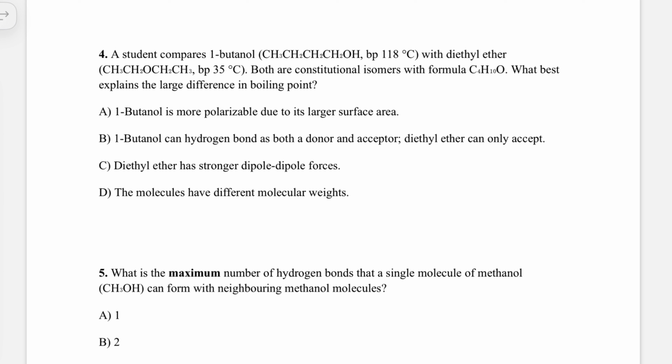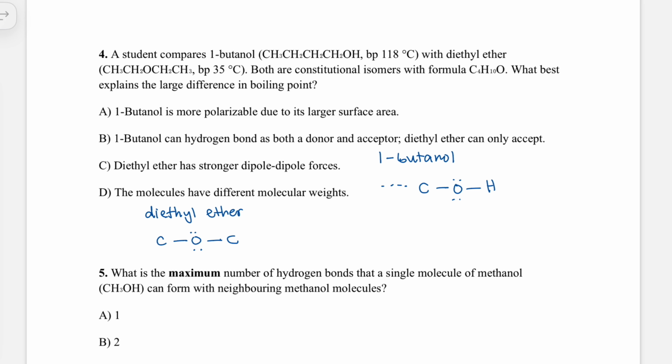I'm just going to do a dot dot dot and then show the alcohol group, which is O attached to an H. So that's 1-butanol. And then diethyl ether is going to be an oxygen in the center of the 2 carbon chains, and it will look like this.